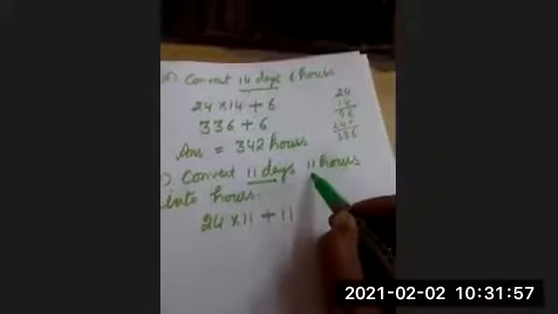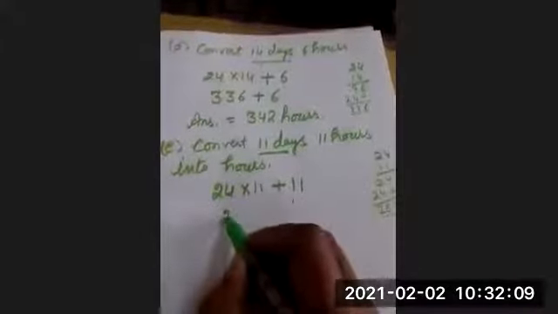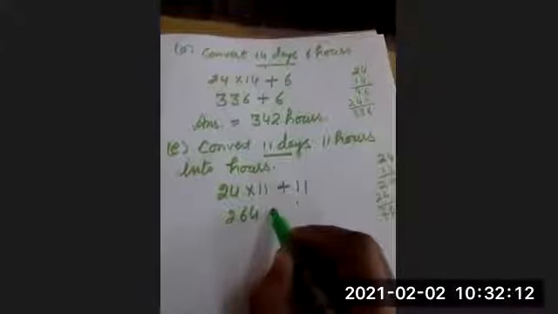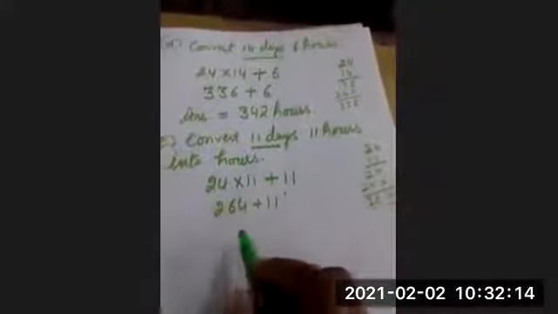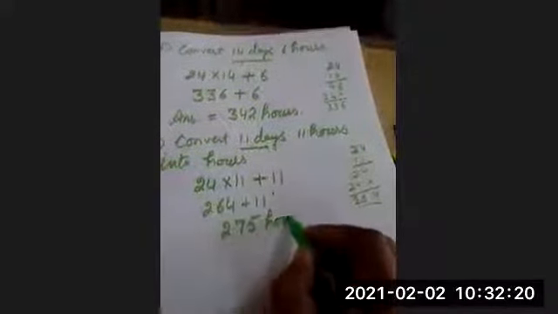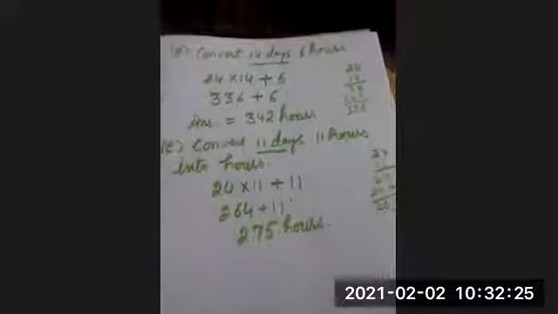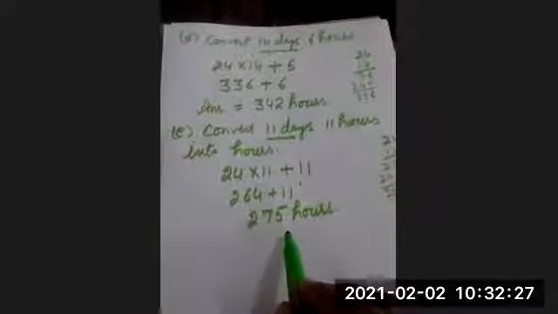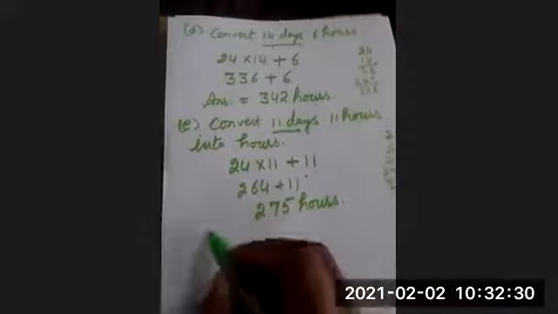First we will convert 11 days into hours, then add 11 hours as it is. Now 24 multiplied by 11, 264, then plus 11, 275 hours. So in 11 days and 11 hours we have 275 hours.